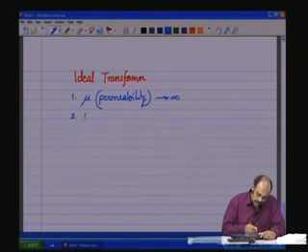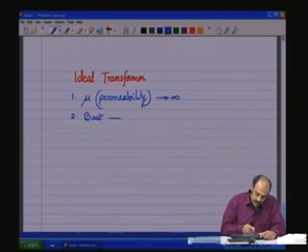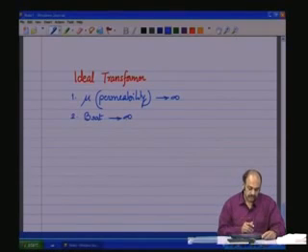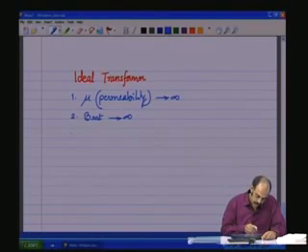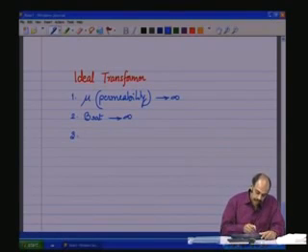Second, B sat, the saturation flux density, tends to infinity, meaning the core never saturates, whatever may be the current that you apply or whatever may be the motive force. Then third, there is no hysteresis loop.